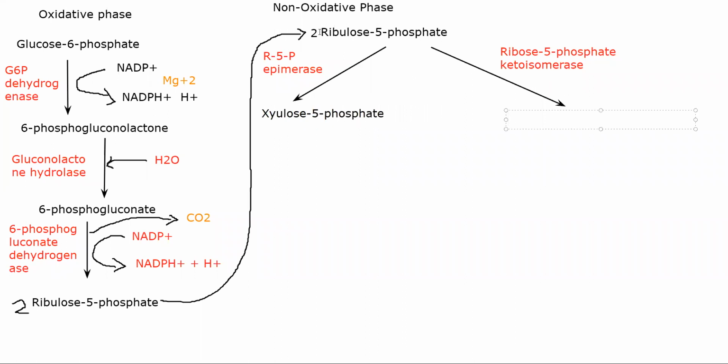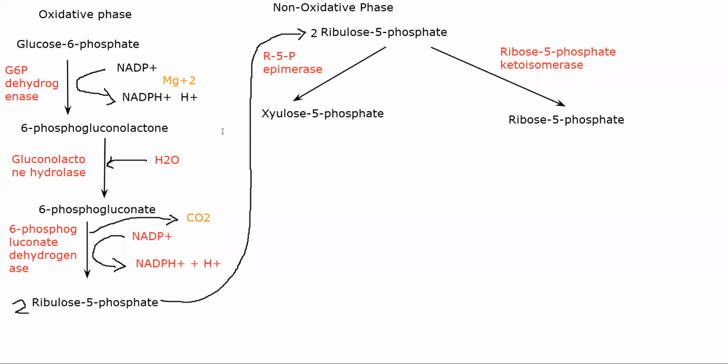Here we are starting off with a 5 carbon molecule, which is ribulose. The same 5 carbon molecule will continue here. That is why we took two 5 carbon molecules, two molecules of ribulose 5-phosphate, which is giving one molecule of xylulose 5-phosphate and one molecule of ribose 5-phosphate. I hope you're understanding this step.